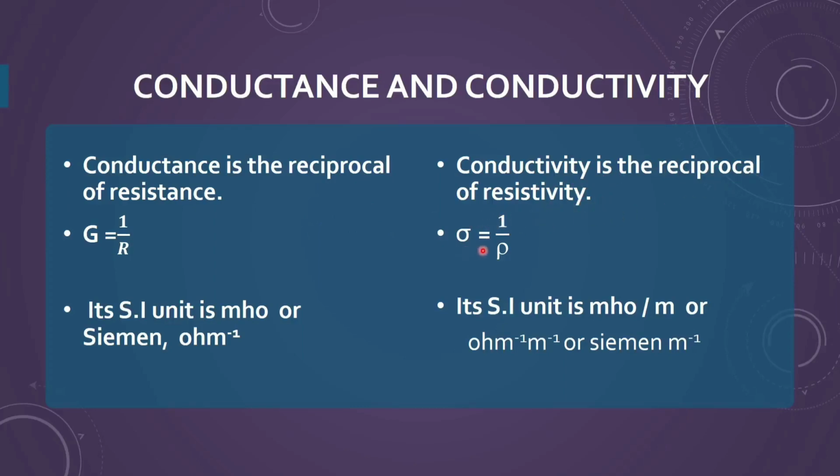So sigma equals 1 upon rho. And its unit is of course the inverse of resistivity. Resistivity units were ohm meter. So you can write it as ohm inverse meter inverse, or Siemens meter inverse, or of course you can write it as mho per meter also. This is the difference between conductance and conductivity.